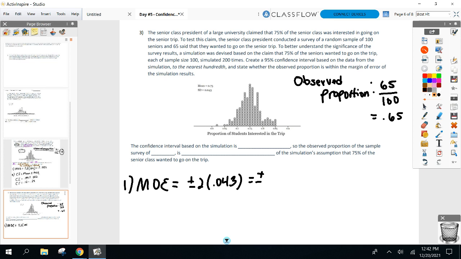And let's see, what are we getting there? 0.086. Remember, confidence intervals are to the nearest hundredth in these problems. So my mean was 0.75 plus or minus 0.086.